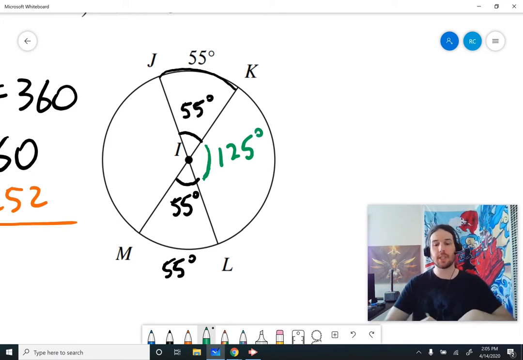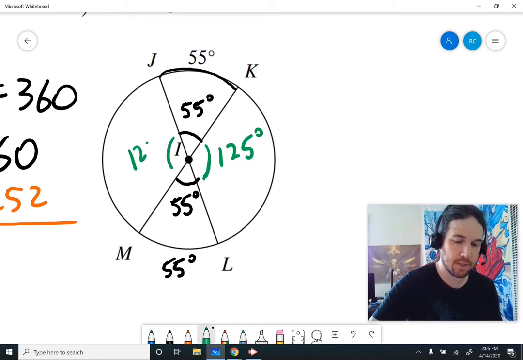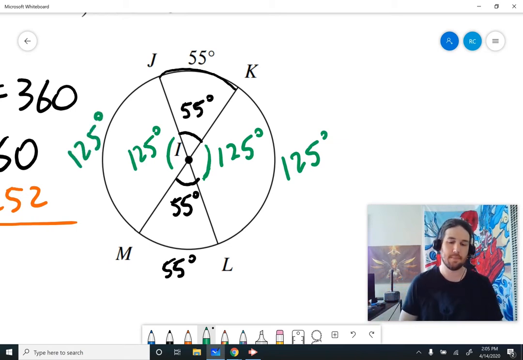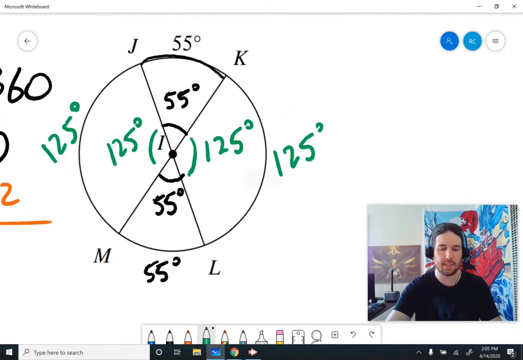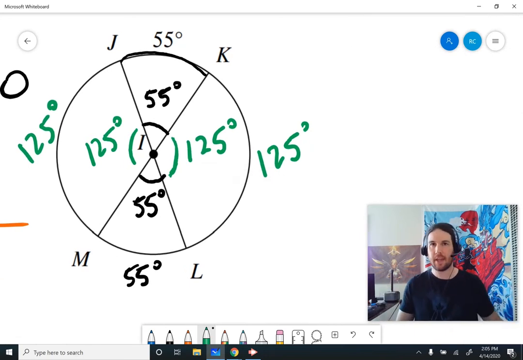And just like everything else, if that one angle is 125, then so is this other angle by vertical angles. And so is this arc, and so is this arc JM, 125 degrees. I like this diagram because I really want you to see that central angle and arc measure are really the same thing. They're not the same thing, but they're always equal.